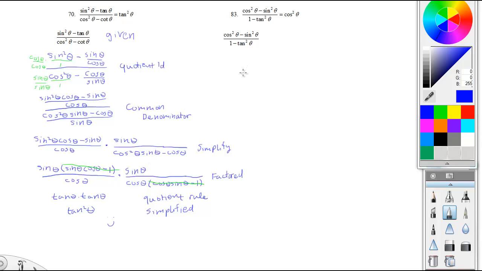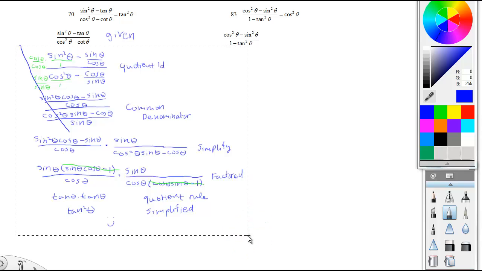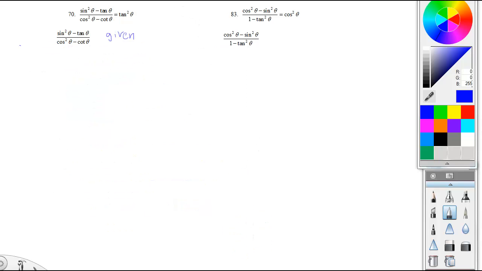Alright, so let's check out this one over here. I'm going to get all of this out of the way. And get started here. So here's the given. This is number 83.